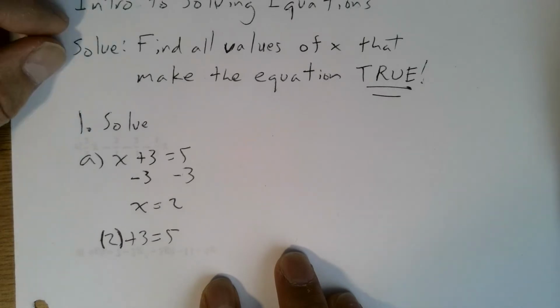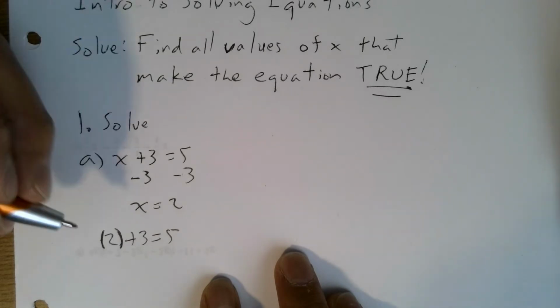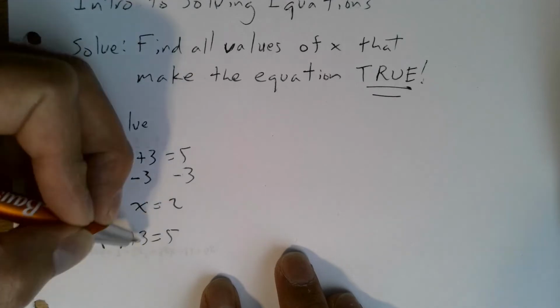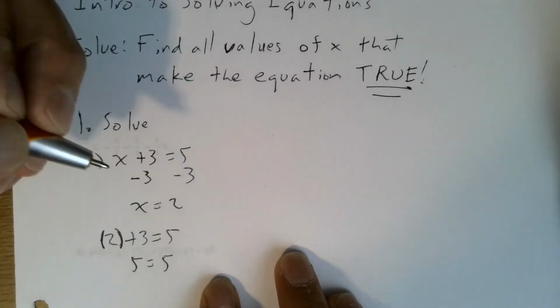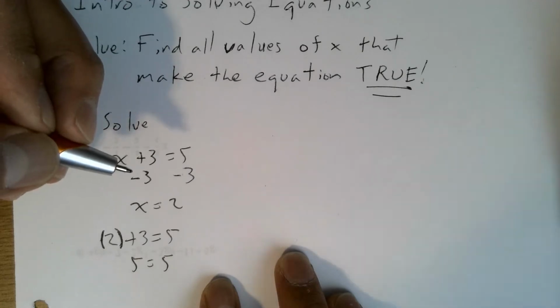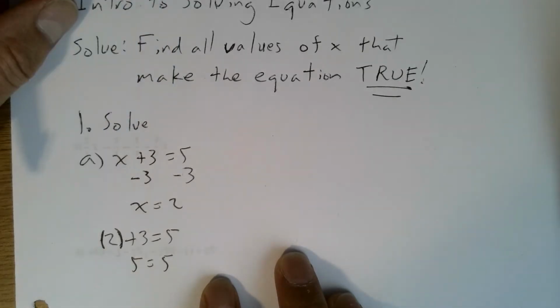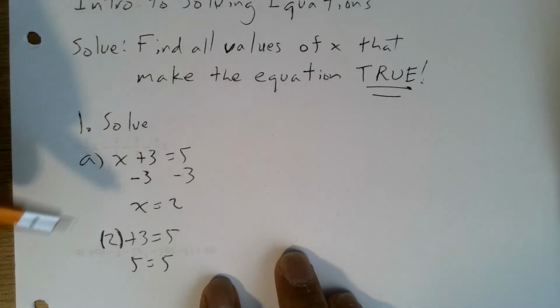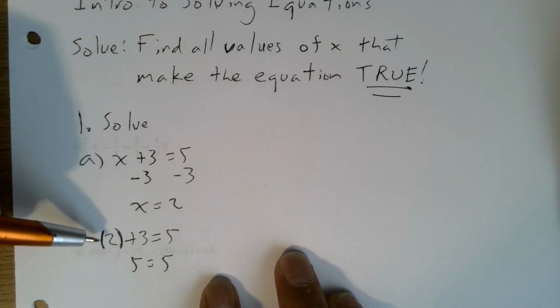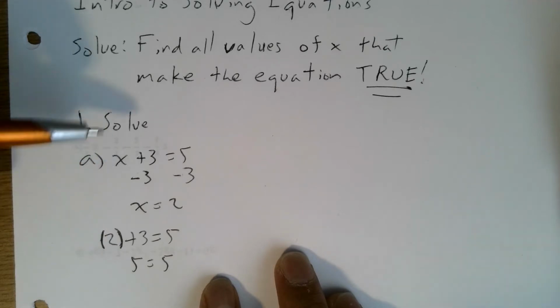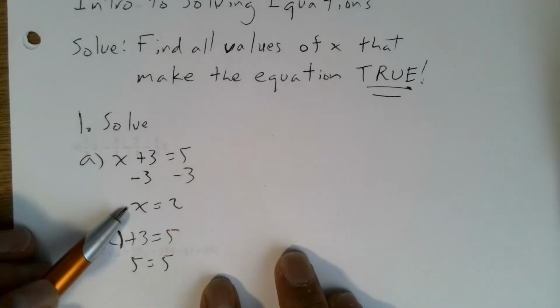Now it's a 2. And now we've just got 2 plus 3 on the left equals 5. On the right, we've still got 5. Does 5 equal 5? Yes. So we made the equation true with x equals 2. Notice our solution is x equals 2. This is our check. Also notice when we do our check, we end up with 5 equals 5, even though the solution is 2.